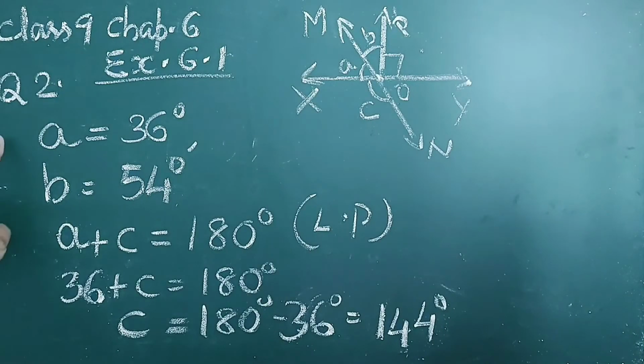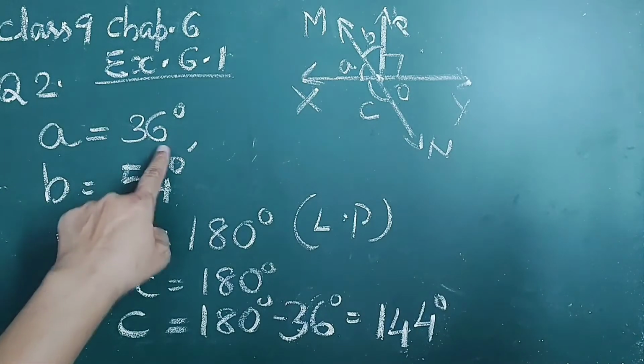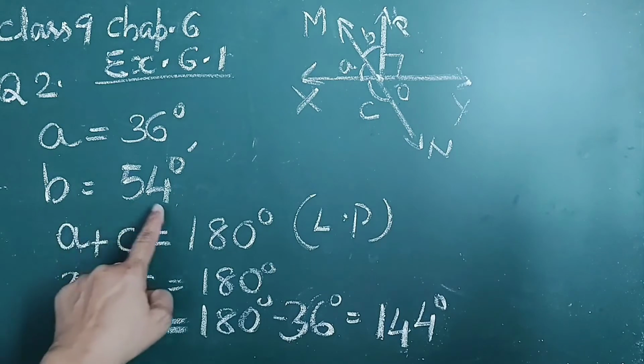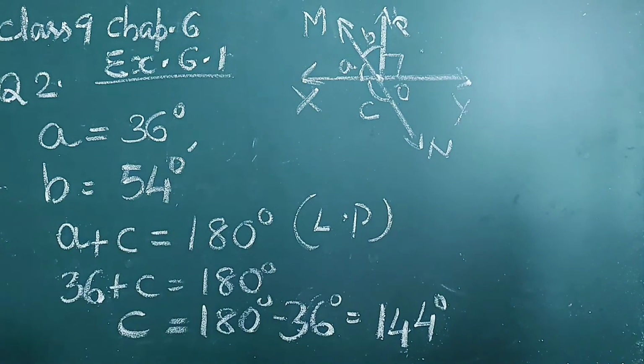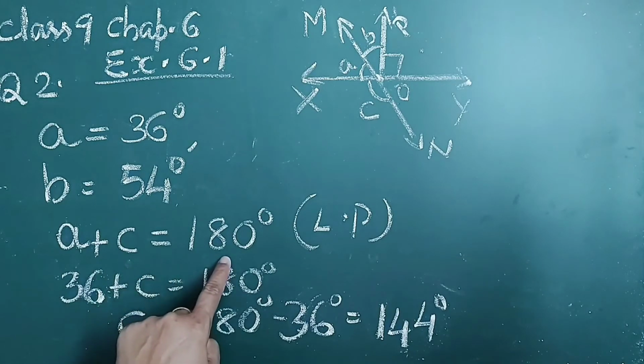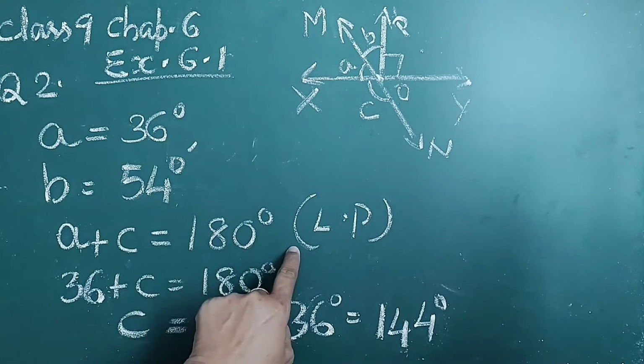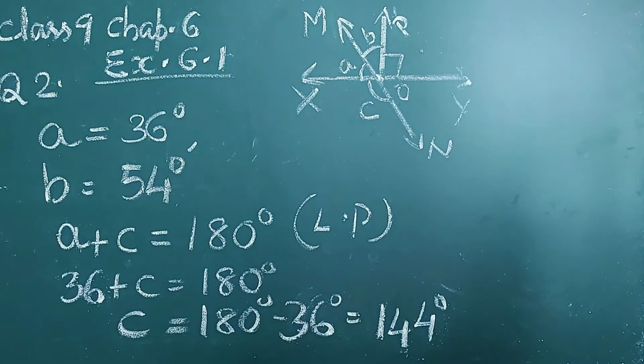Now second part of second question. We have A equal to 36 degree, B equal to 54 degree. Now A plus C equal to 180 degree because linear pair of angles.